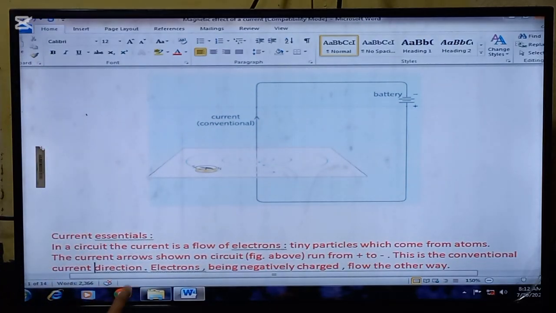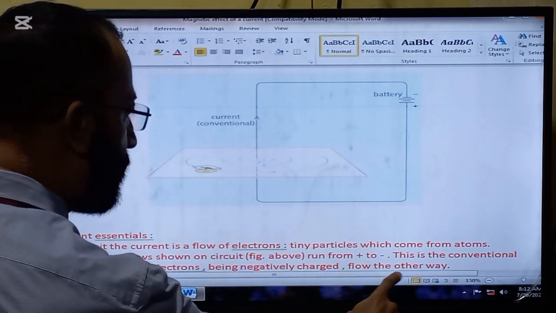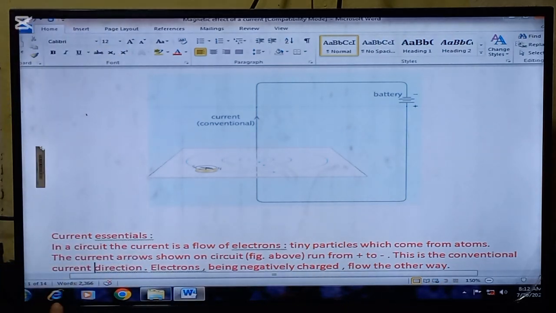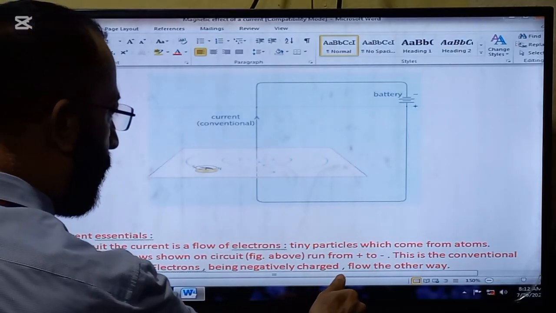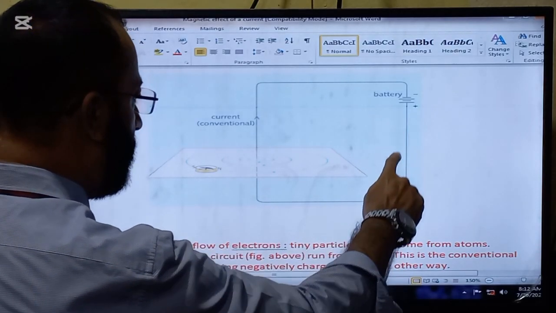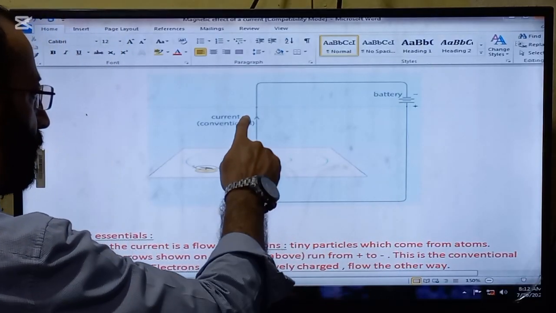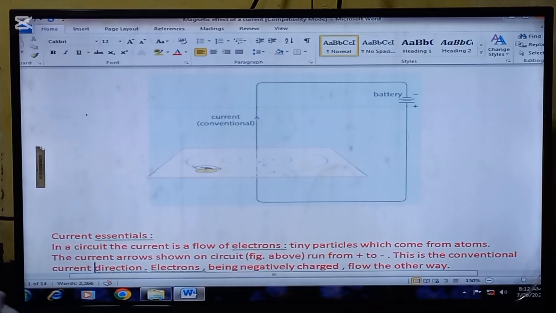Current essentials. In a circuit, the current is a flow of electrons, tiny particles which come from the atoms. The current arrows shown on the circuit figure above run from positive to negative. So you can see this is the positive. This is the conventional current direction.